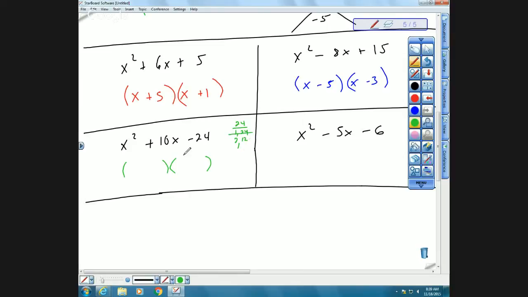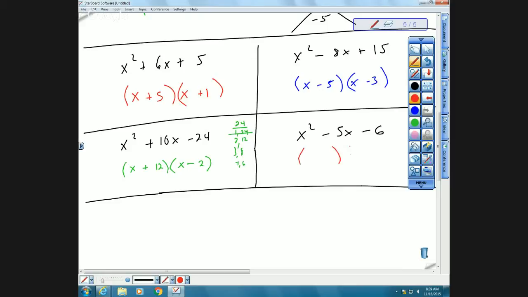Could those add or subtract to be 10? Yes. So x times x is x squared, 12 and 2, what about my signs? Negative 2, positive 12. 12 minus 2 is 10. 12 times negative 2 is negative 24. So just come over here and do all your factor pairs. It doesn't take that long to go through them.